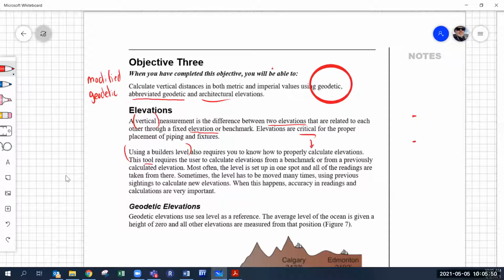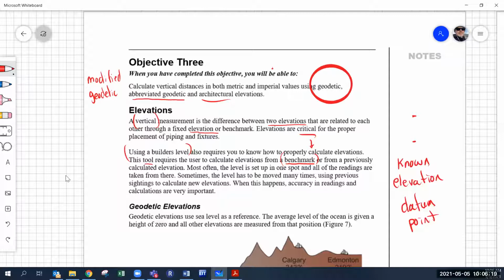And what we do is we start from a benchmark. Okay, a benchmark is a known elevation. So we have to start off from somewhere which is known. Sometimes they're called a datum point. All kinds of words are used to have this benchmark or a known elevation.